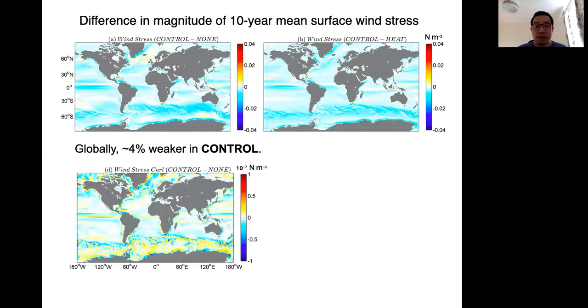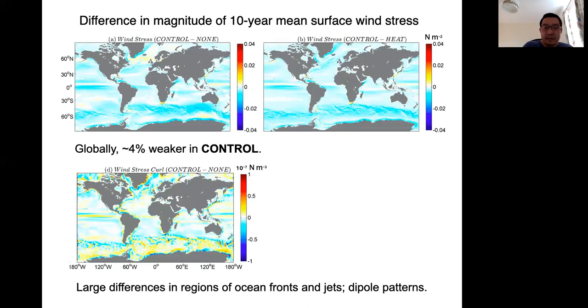And if we look at the wind stress curl, the difference between control minus none, what we can see here is there are large differences in wind stress curl in regions of ocean fronts and jets. And they tend to form this dipole pattern. For example, in the Gulf Stream region, it's negative to the north of the Gulf Stream, and then positive to the south of the Gulf Stream.